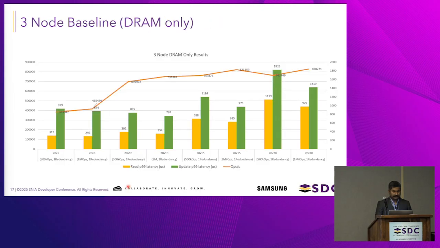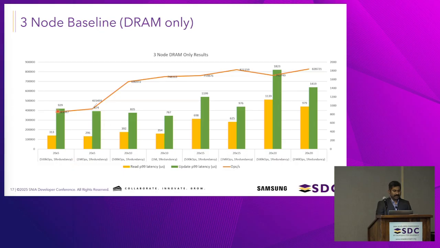All right. So moving to 3 node. In this slide, we are going to focus more on the throughput and the latencies. Again, it's the same thing, just that the single node's data is replicated over the other 2 nodes. Here, since we have more YCSB clients, we can have more concurrency now.